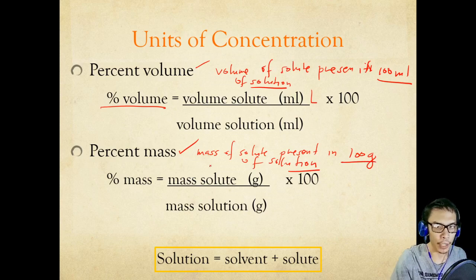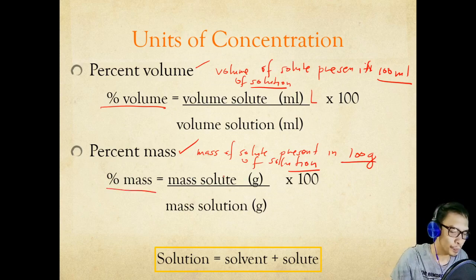This is the base value that we have right here. In order to solve that mathematically, percent by mass is equal to mass of solute divided by mass of solution times 100. To get the solution, it is equal to solvent plus solute respectively.